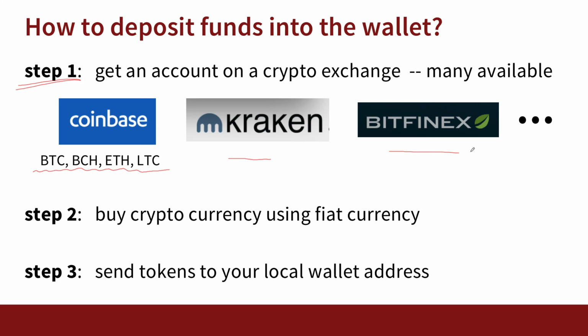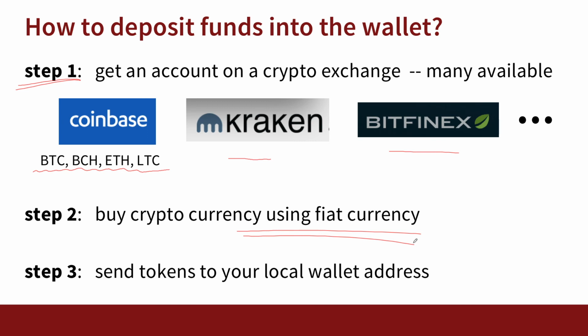Step number two is you use your fiat currency, dollars, yens, euros, whatever fiat currency you have. You send that to the exchange, and the exchange buys crypto assets on your behalf. It will give you crypto assets in exchange for the fiat currency.